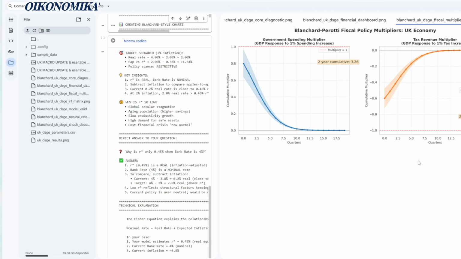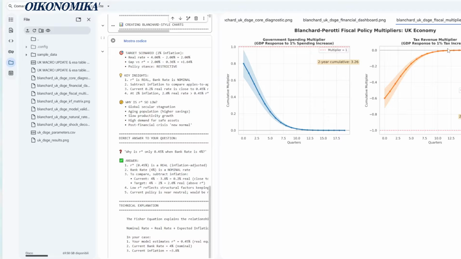Here we have two charts which explain what the fiscal policy multiplier is in the UK economy according to the equations implemented in this model. This is the Blanchard-Perotti model, and you see here the 2-year cumulative multiplier for a 1% fiscal spending increase is 3.26.